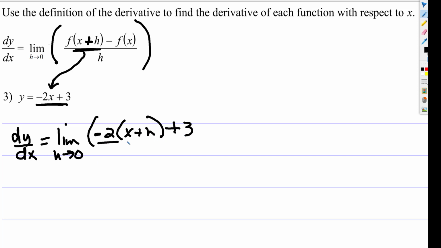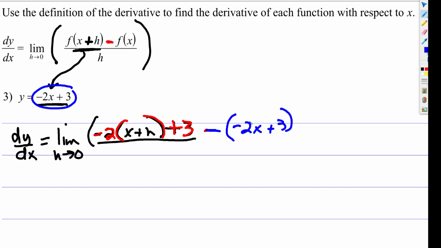So it's that entire function. And then we subtract the original function. Well, what's the original function? The original function, we subtract all of it, so you put in parentheses, and then all of that is over h.